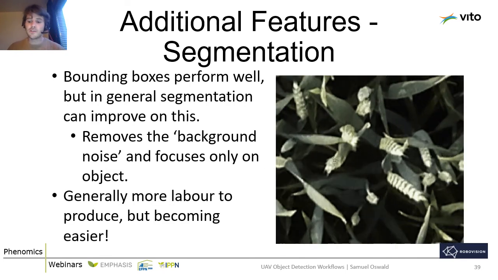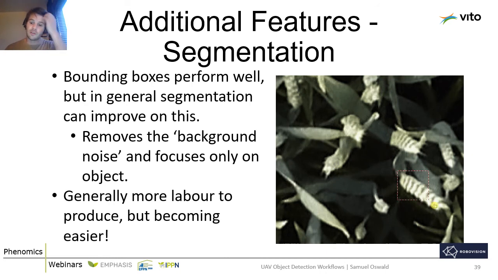Into the future, we will be working on lots of new features for the object detection workflow that we currently implement. One such thing is segmentation. In all the examples I've shown you today, we have used bounding boxes, and this is an example of how bounding boxes are labeled. They generally perform well.